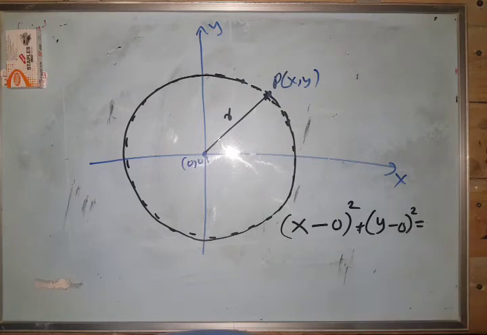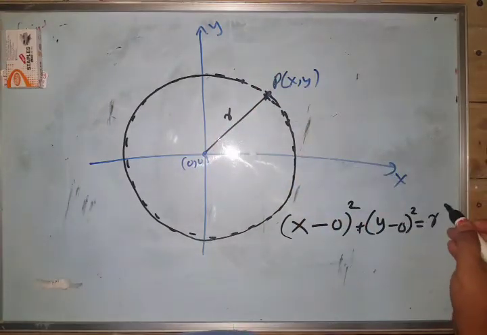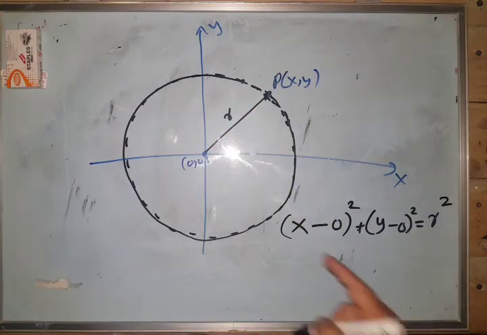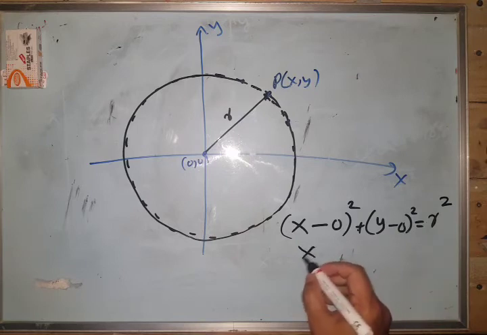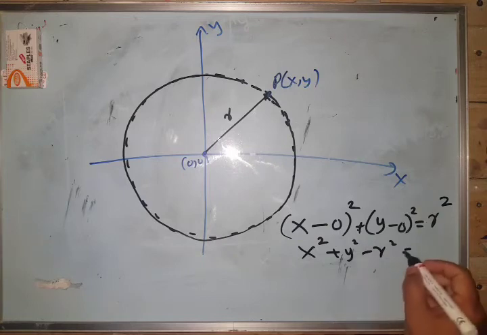This should be equal to the distance squared. The distance is r, so it should be r squared. We can simplify this more. We'll get x squared plus y squared minus r squared is equal to 0.